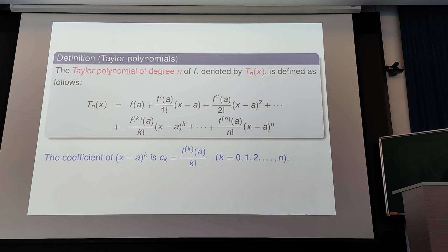So the Taylor polynomial Tn(x) is defined in this way, and it has degree n. So it is also the partial sum of the power series of the Taylor series, right?